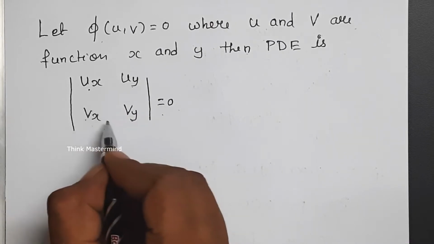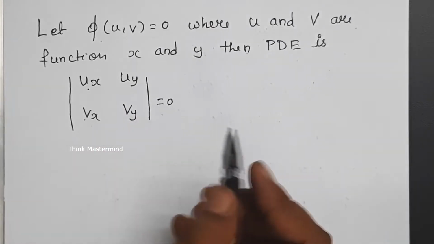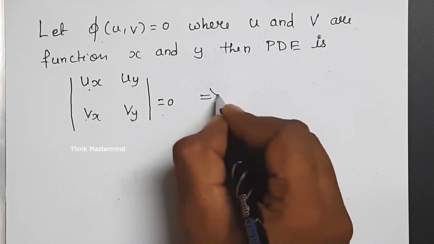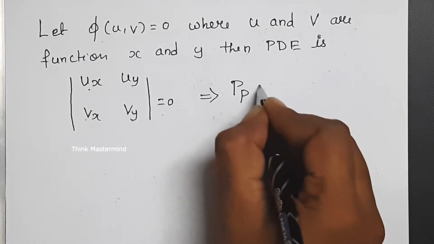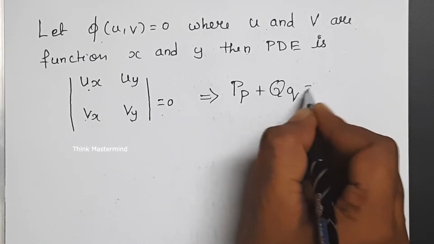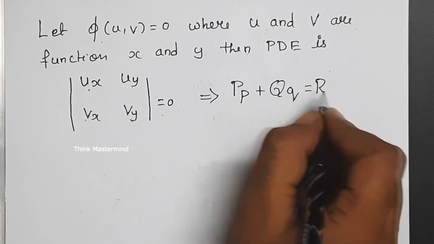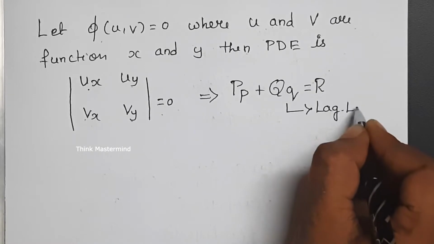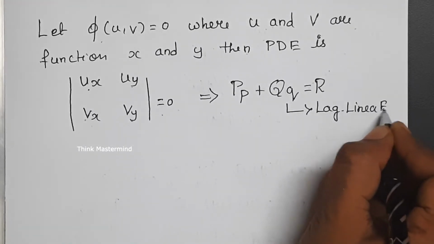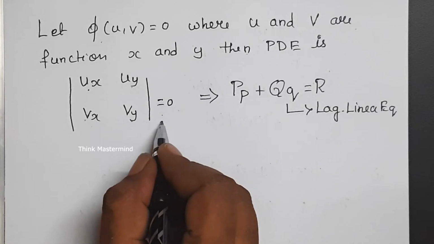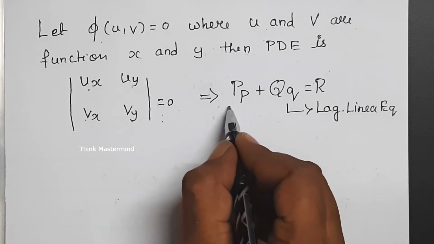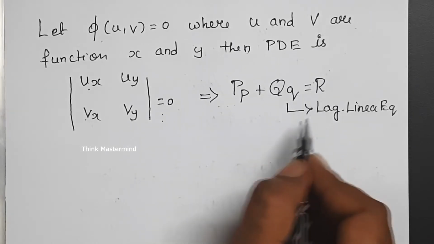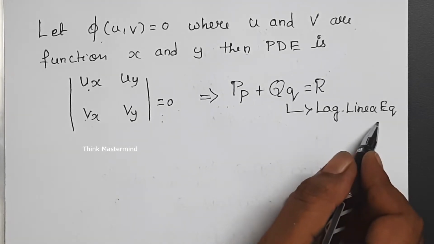The outcome of this differential equation is a first order linear partial differential equation, that is, it is of the form capital P small p plus capital Q small q is equal to R, which is called Lagrange's linear equation.